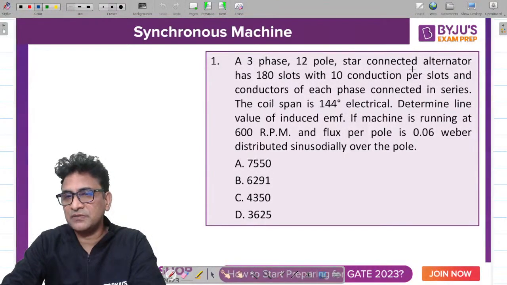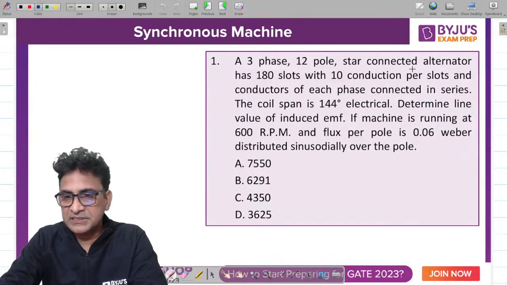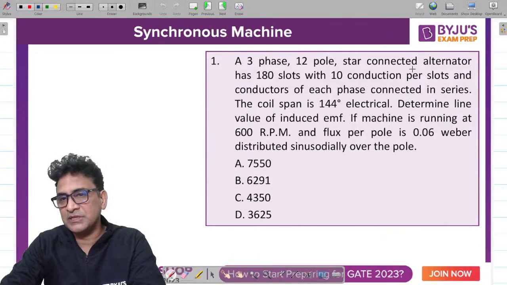The conductors of each phase are connected in series. The coil span, that means the coil pitch, is 144 degree electrical. Determine the line value of induced EMF if the machine is running at 600 rpm speed and the flux per pole is 0.06 Weber distributed sinusoidally over the pole.